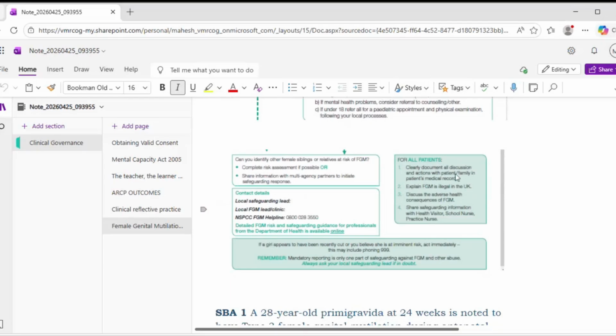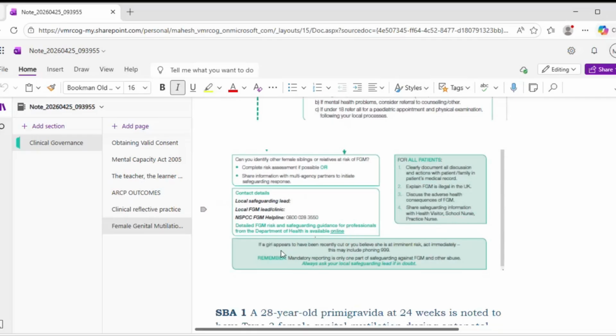Clearly document the discussion and actions with the patient and family in the patient's medical record. Explain that FGM is illegal in the UK, discuss the adverse health consequences of FGM, and share safeguarding information with the health visitor, school nurse, and practice nurse.